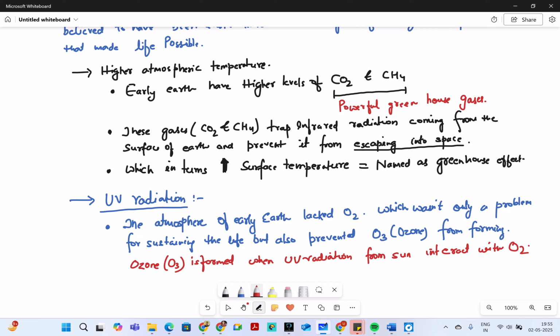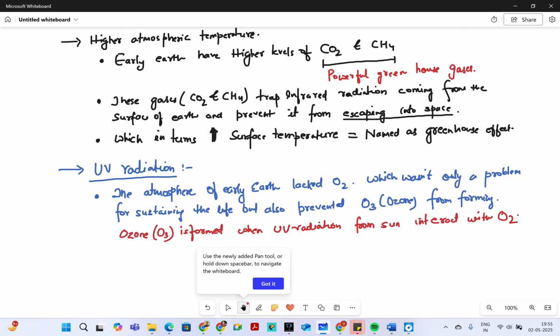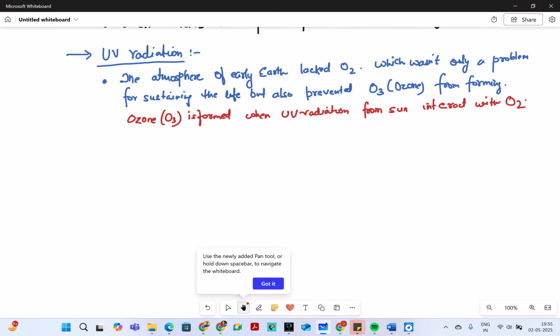So in this way, the ozone layer is also formed, right? But yes, it is not so easy a process. There are some steps involved.